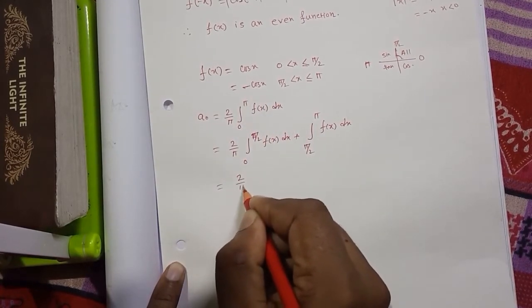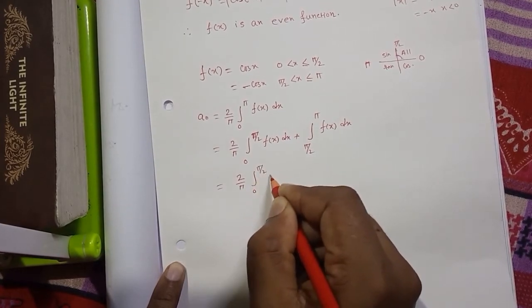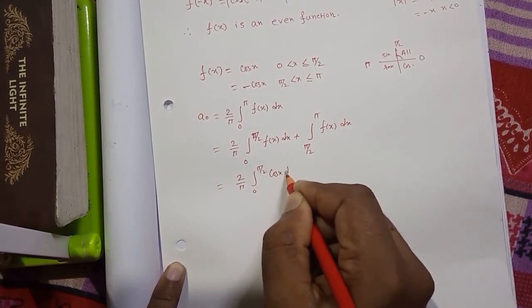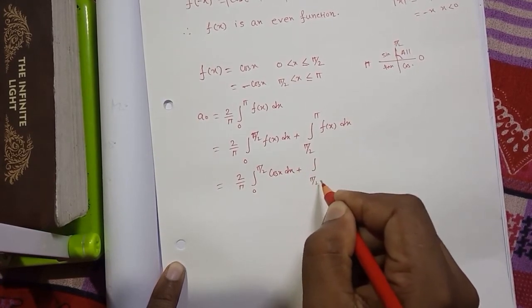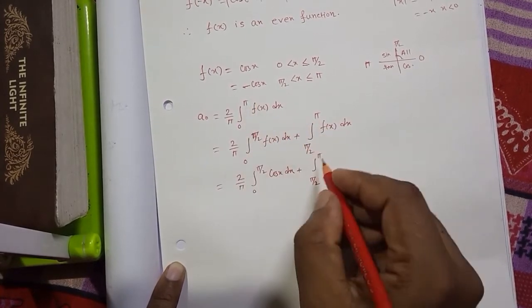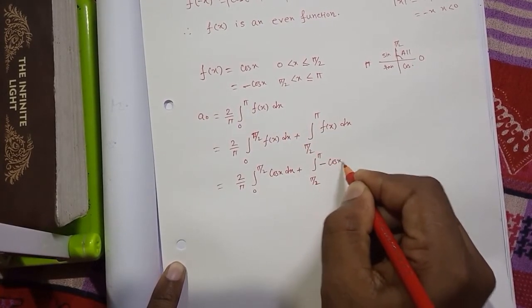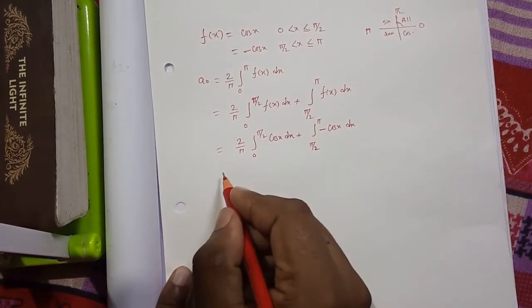So 2 by pi integration 0 to pi by 2 cos of x dx plus pi by 2 to pi minus cos of x dx.